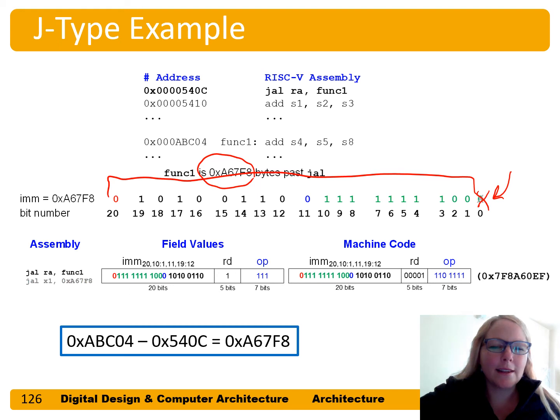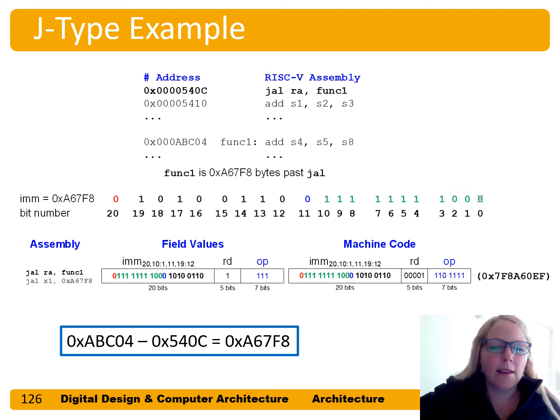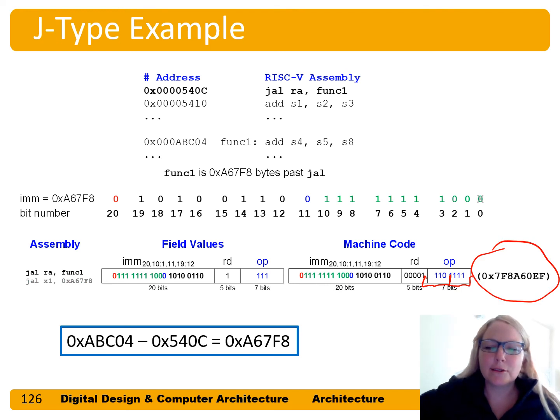Bit 20 goes in that most significant bit, and then we have bits 10 through 1, and then bit 11, and then finally bits 19 through 12. And then we can write that, taking groups of 4, in hexadecimal. So we get hex 7F8A60EF.